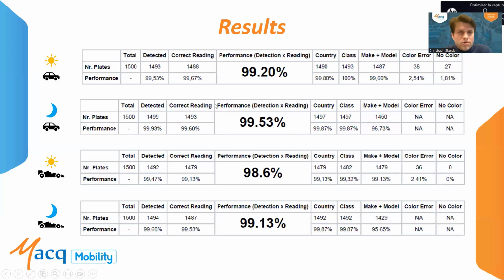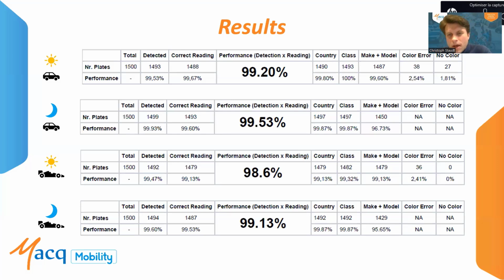So to summarize this slide, what you can see is that we definitely work at least at more than 98%. Our target, as you can see, is even on top, more than 99%, not only for the detection and reading performance, but also for the country code and the classification, which are, I would say, in the first step, the most important KPIs when it comes to performance.